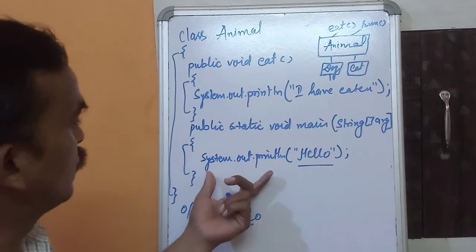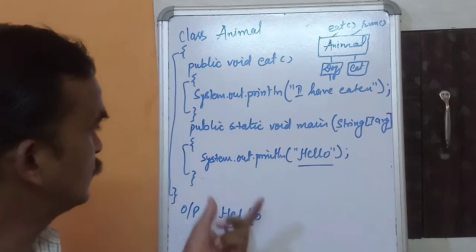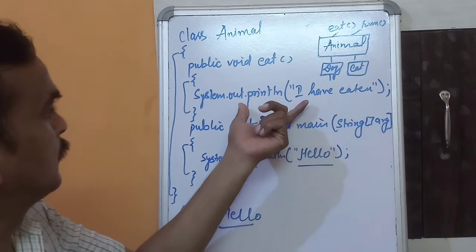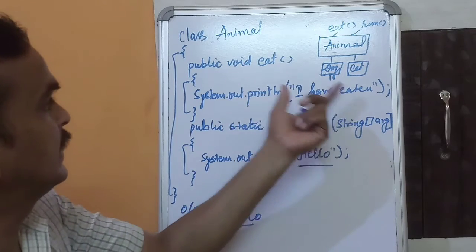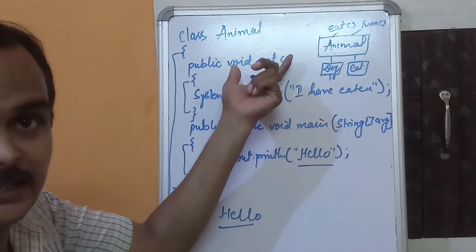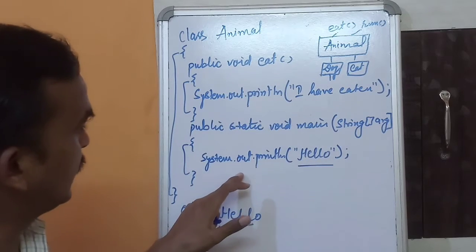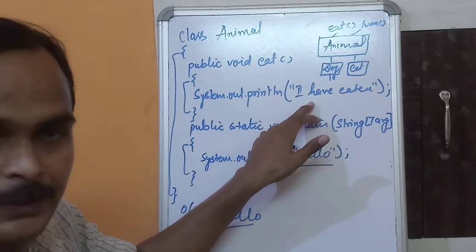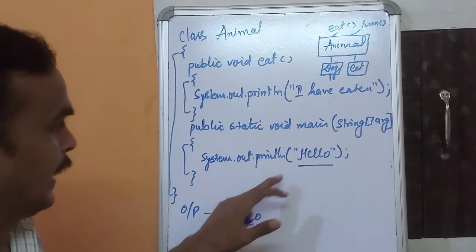Here we are only mentioning the printing statement hello, so that's why hello will be printed. I am also mentioning the printing statement I have eaten in the void eat method, but that method is not called in the main body, that's why that statement will not be printed. So here the output will only be hello.